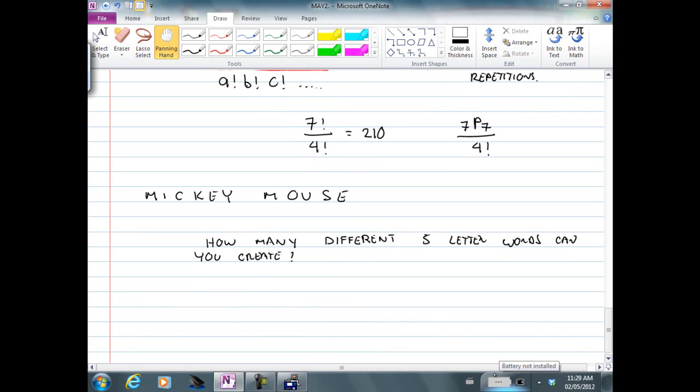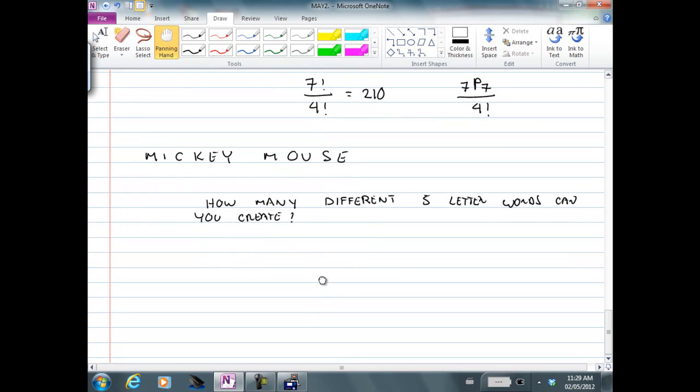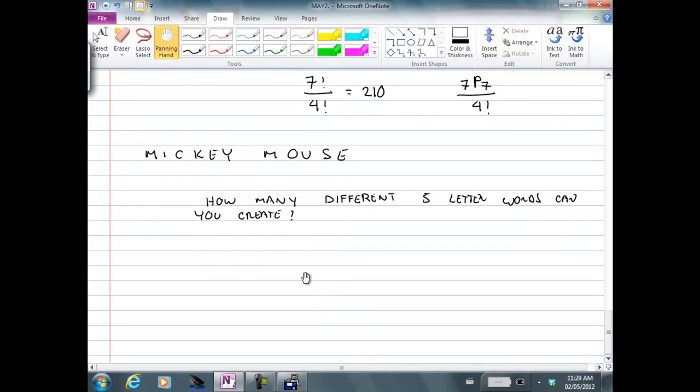What goes on top? Okay. How many letters are there altogether? There's 2, 4, 6, 8, 10, 11. So it'll be 11 P, because I'm not using all the letters this time. I'm only using 5. So it'll be 11P5 on top.